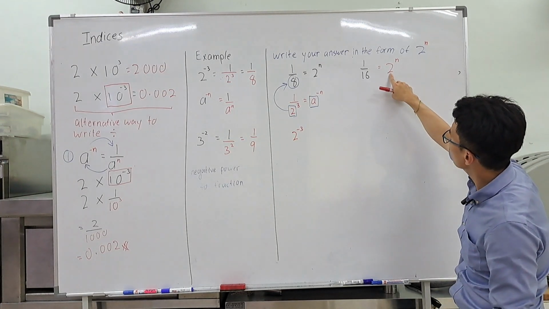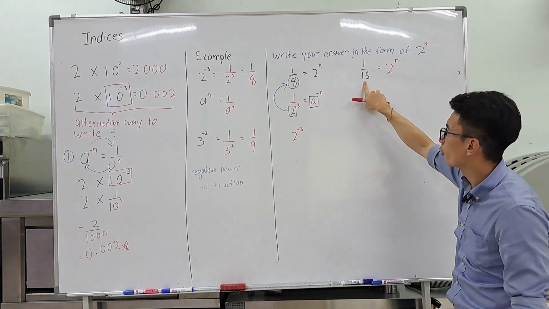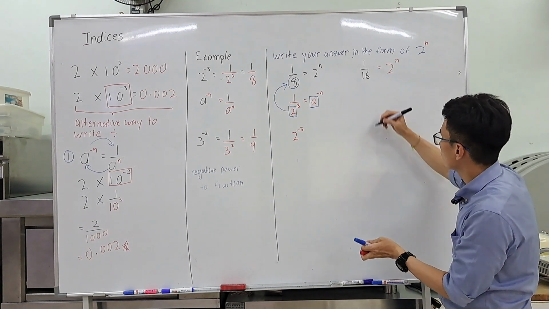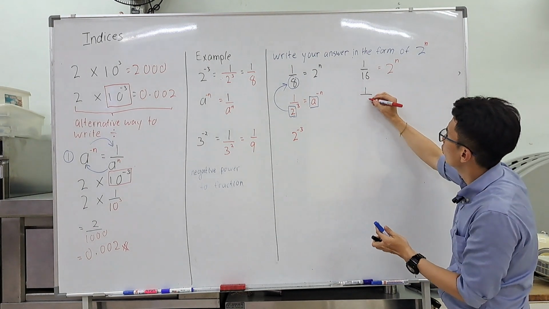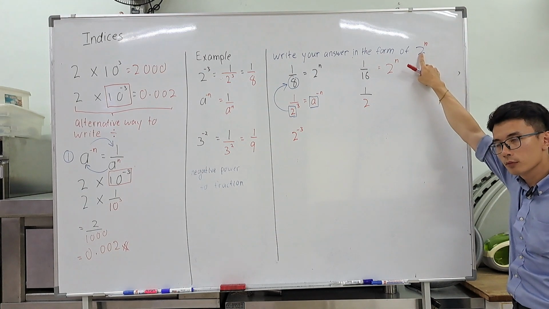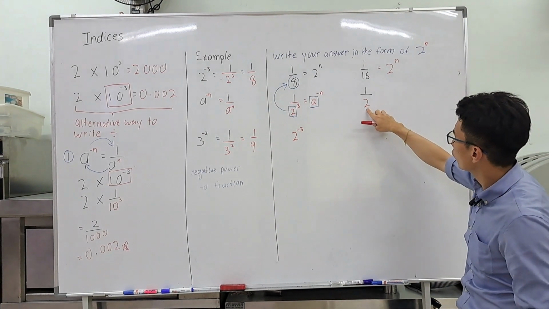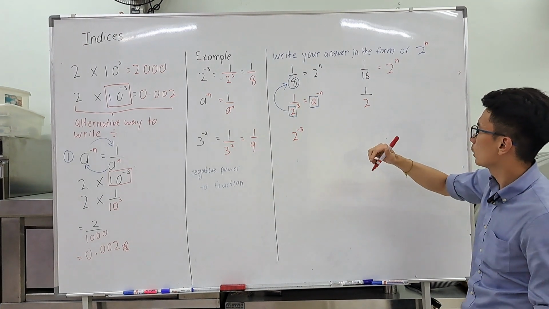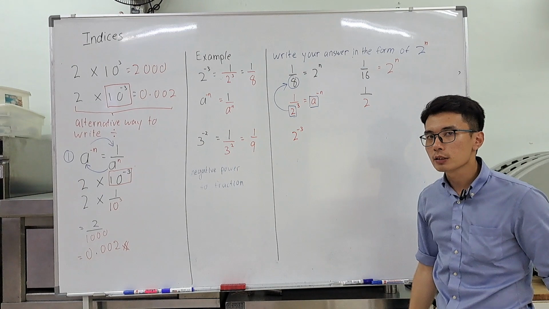Same thing, since you know this is 2, you must change this one to 2 first. Why do I do that? It's because I want my answer in that form. So I will write 2, and then ask myself, 2 raised to the power of what will give me 16?